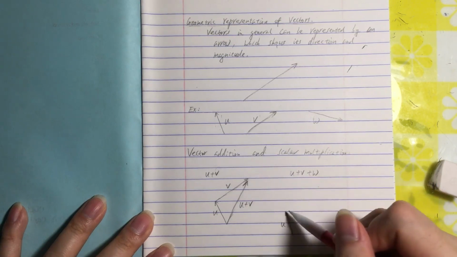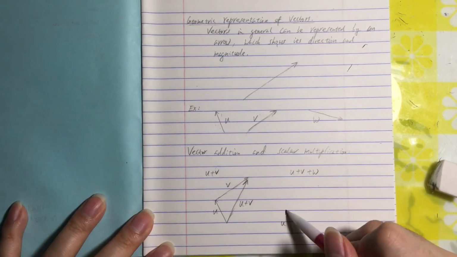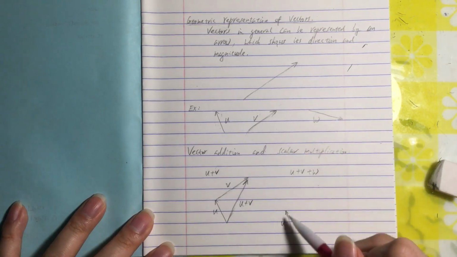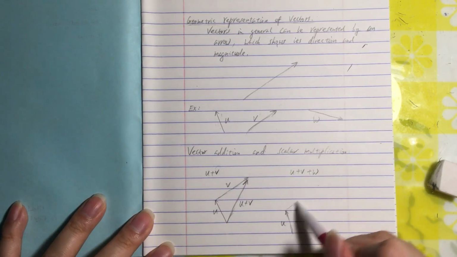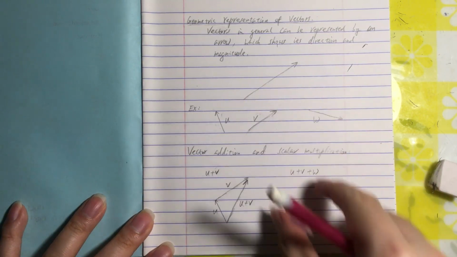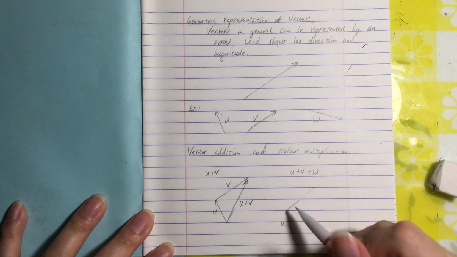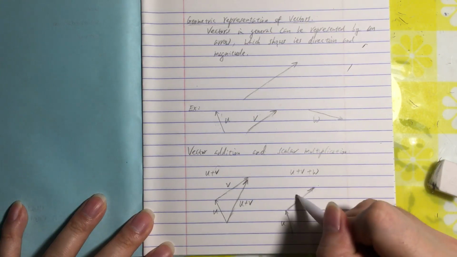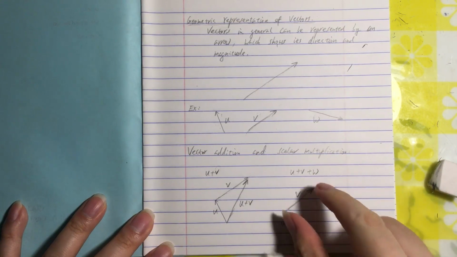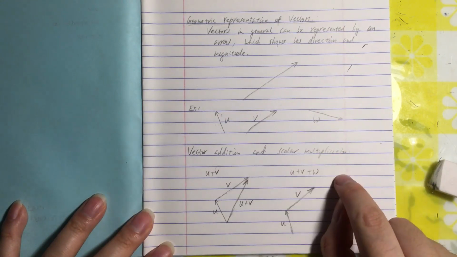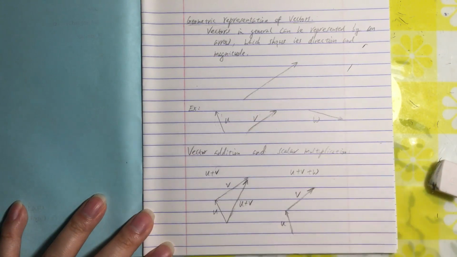Put the tail of vector v at the head of vector u. Shift this vector here. This is vector v. This vector and this vector are exactly the same vector because they point in the same direction and they have exactly the same magnitude.